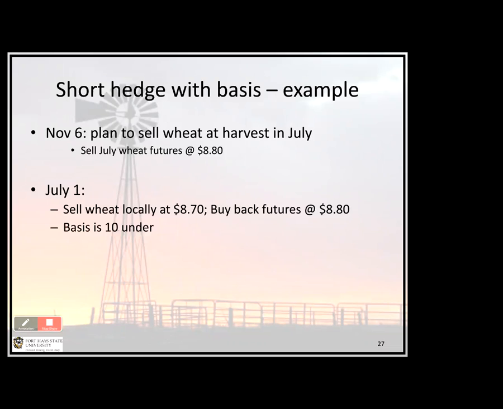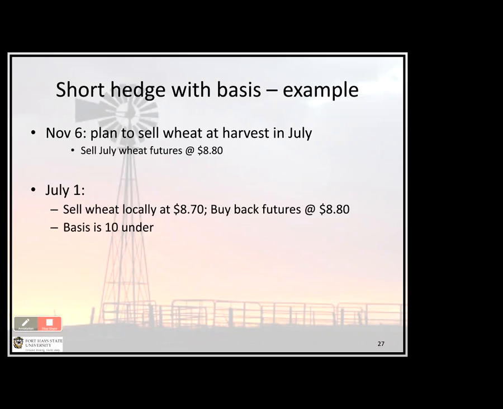So what is our net sales price? When we're all said and done, how much did we sell our wheat for? That's the real question. 870. That's right. And how'd you get that? Yep, exactly. There's a couple ways of figuring it. You can do it the quick way: 880 plus a -10 is 870.